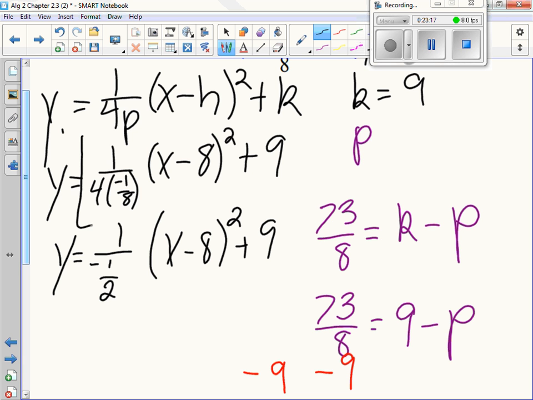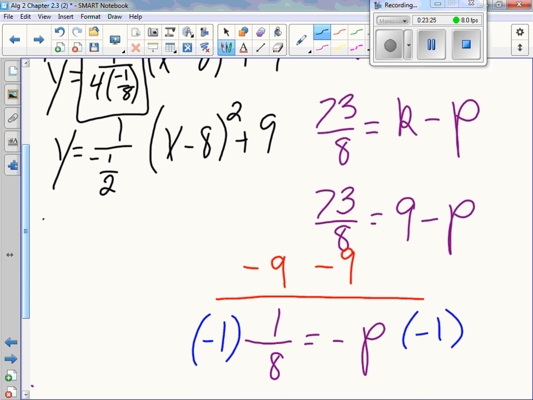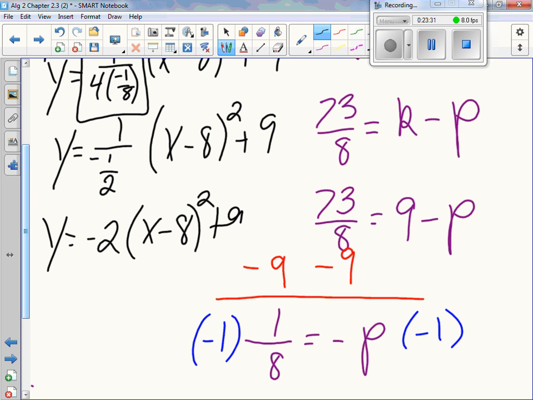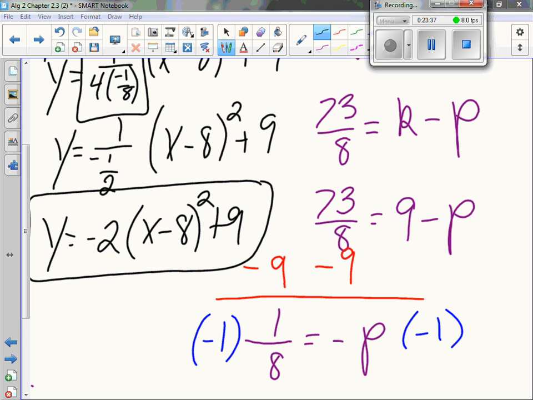So if you type this into the calculator, it won't give you 1/-1/2. It'll tell you y is equal to -2 times x minus 8 squared plus 9. But that's it. That's our answer. Any questions on any of this here? We good with this here?